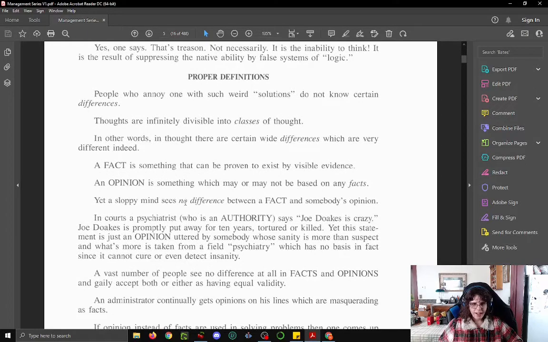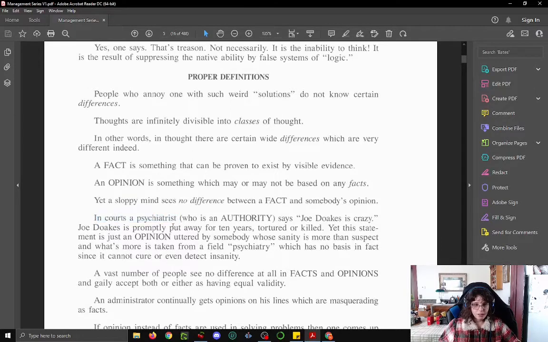In courts, a psychiatrist who's an authority says, Joe Dokes is crazy. Joe Dokes is promptly put away for 10 years, tortured, or killed. Yet this statement is just an opinion uttered by somebody whose sanity is more than suspect. The automatic problem here is you're automatically assuming the psychiatrist is wrong or crazy. You can't make these assumptions.